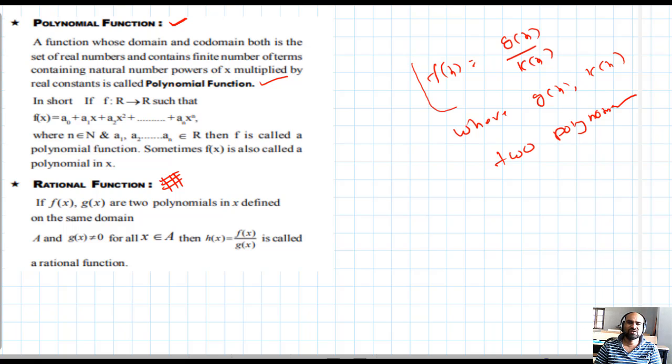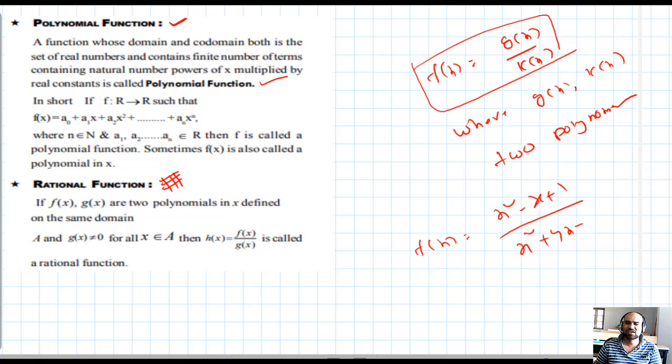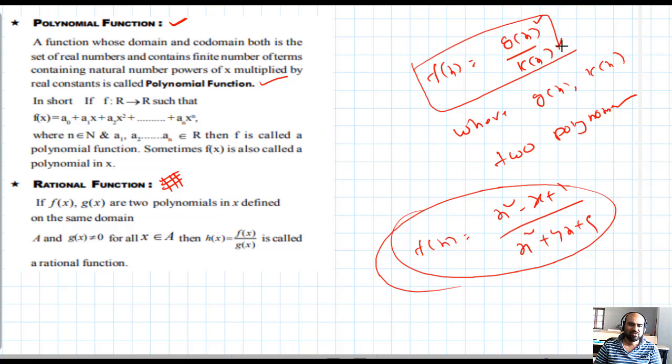Such a function f is called a rational function. So I will write an example, f of x equal to x square minus x plus 1, this is a polynomial, divided by another polynomial, x square plus 4x plus 9. So this is called a rational function. Rational function means a polynomial function divided by another polynomial function. Such functions are called rational functions. Okay.